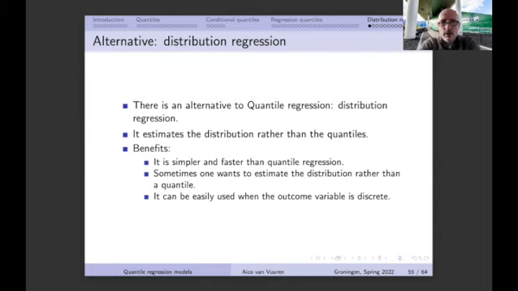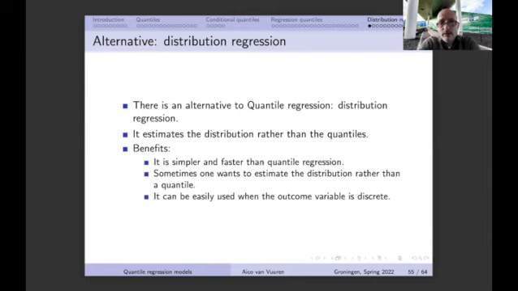In order to introduce distribution regression and to answer the question, what is actually distribution regression? Well, we can be very short. When we looked at quantile regression, it was nothing else than a method to look at conditional quantiles, essentially to estimate conditional quantiles.